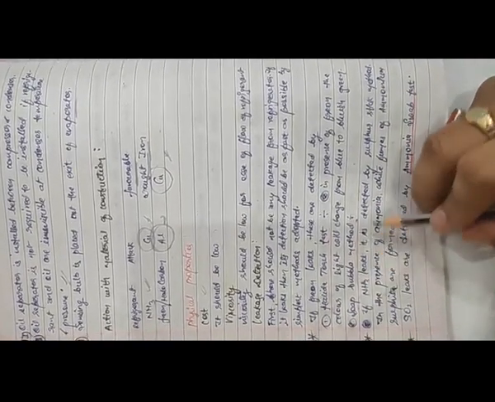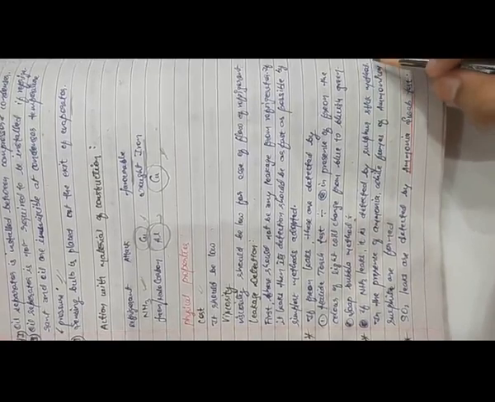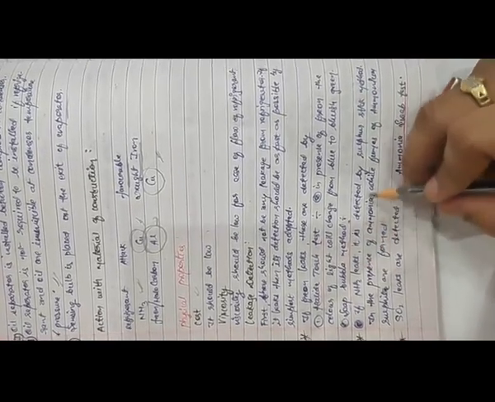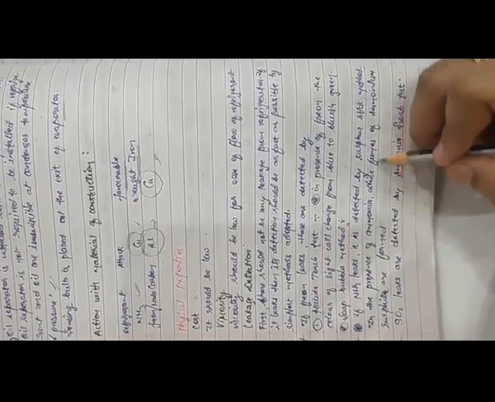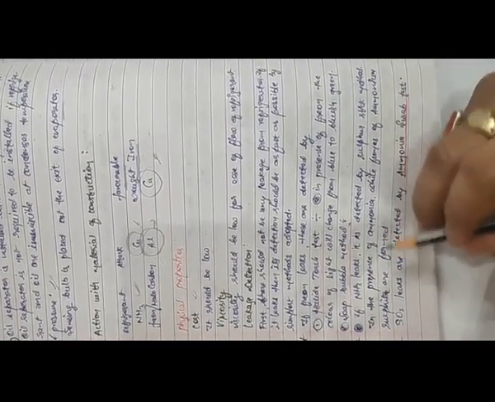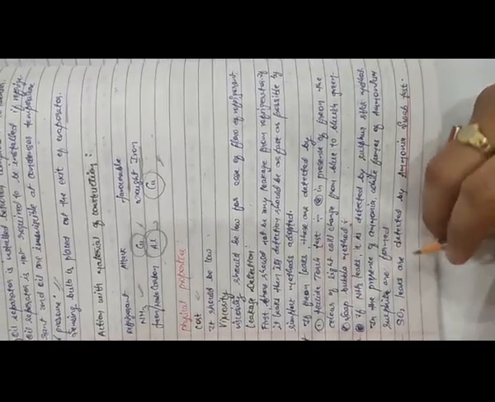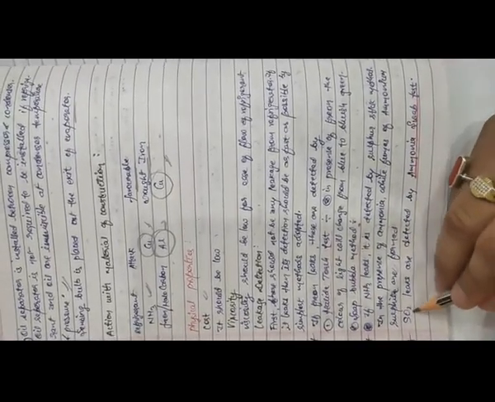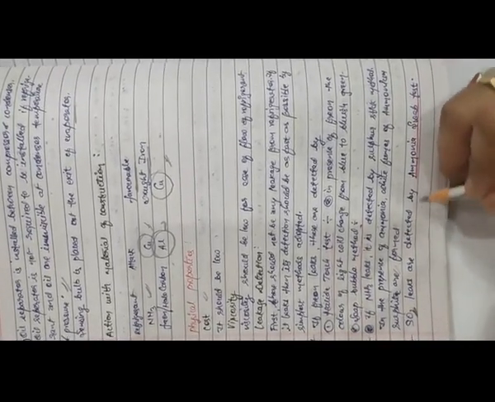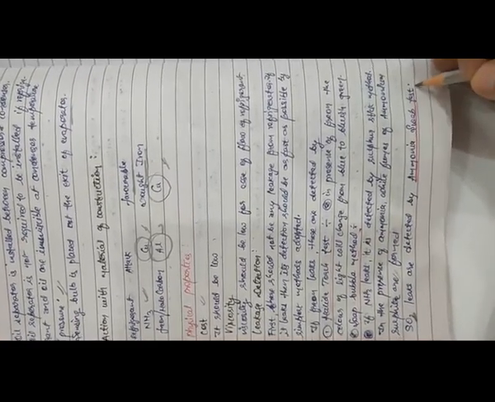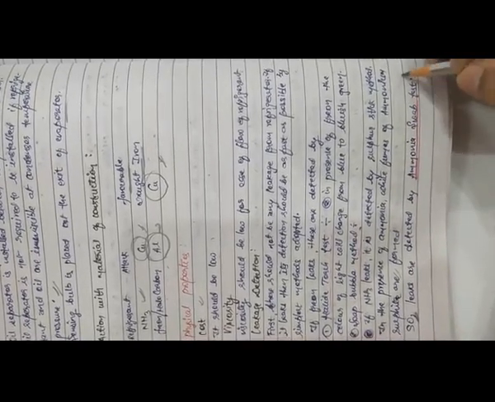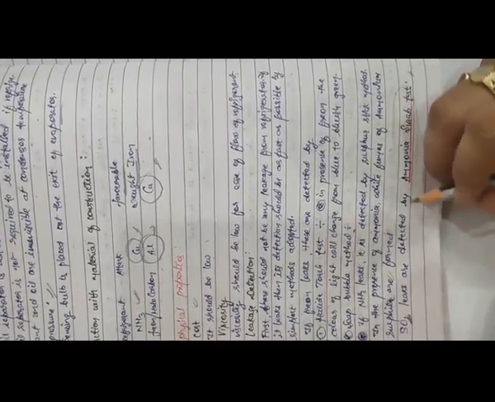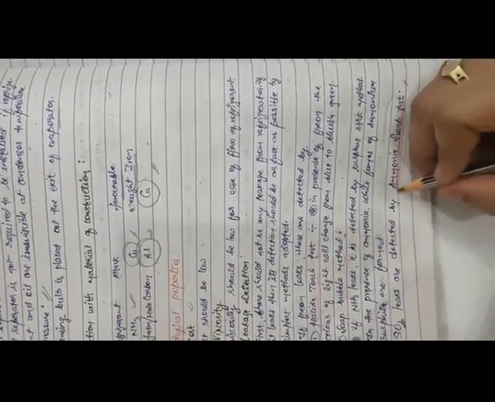If ammonia leaks, it is detected by the sulfur stick method. In the presence of ammonia, white fumes of ammonium sulfide are formed. If sulfur dioxide leaks, it can be detected by the ammonia swab test. So these are different tests conducted for leakage detection of refrigerants.